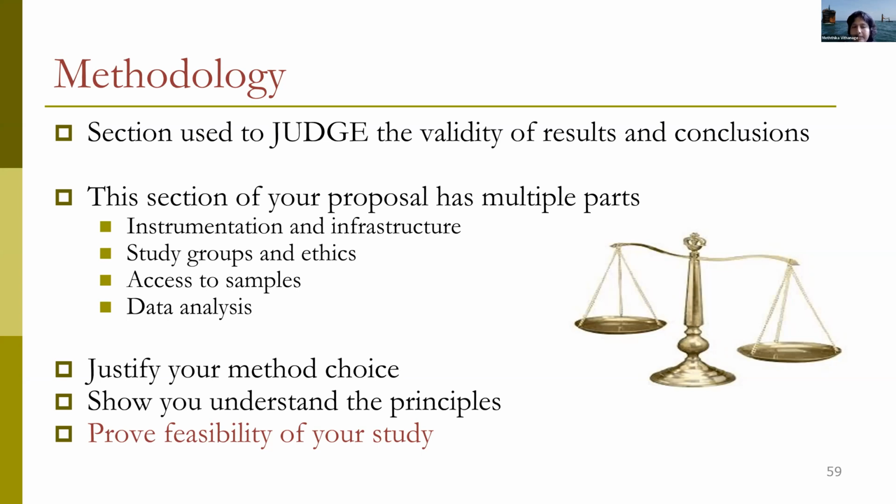You need to discuss the instrumentation and infrastructure, whether you can actually carry out this proposed research in your institute or whatever institute you are planning to propose. Instrumentation is specifically important. Otherwise, if you don't have those instruments, then you will be in trouble in the middle of the research.